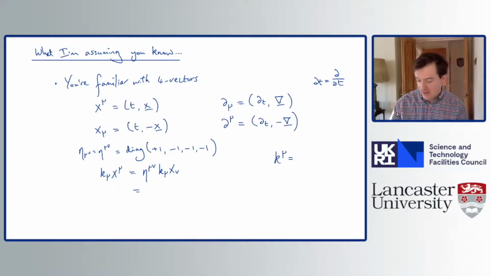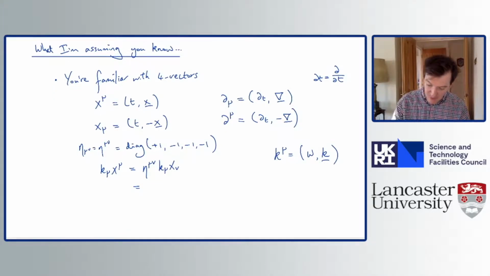This wave vector typically has the time component ω, and the spatial bit is the three-vector k, so the wave vector and the frequency. So this product k·x is ωt minus the three-vector dot product k·x.